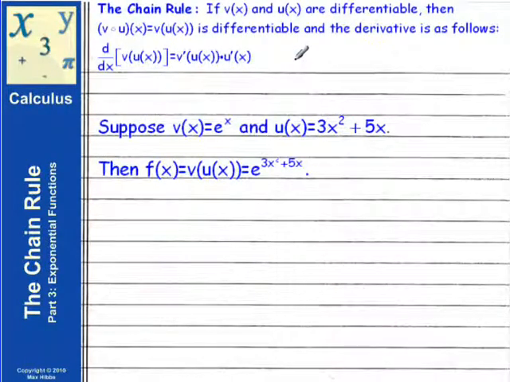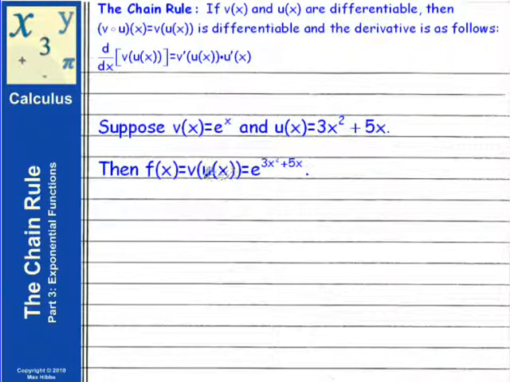Well, as we started in earlier examples, let's remember the chain rule. It's about the derivative of a composition. And remember, the derivative of v of an inside function is v prime of that same inside function, then times the derivative of the inside function. So I'm going to set things up where our v is e to the x, and our inside function u is 3x squared plus 5x.